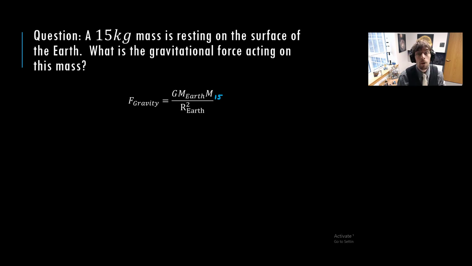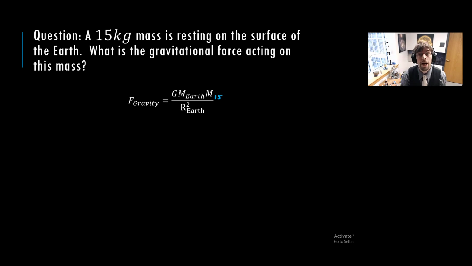Now, presumably the 15 kilogram mass is resting on the surface of the Earth. The center of that 15 kilogram mass is maybe 10 centimeters above the surface of the Earth. So in that instance, I'll just use the radius of the Earth. I'll say that extra 15 centimeters, whatever.